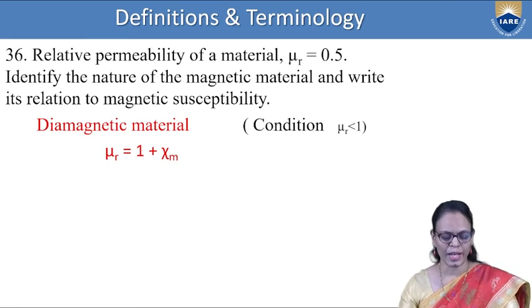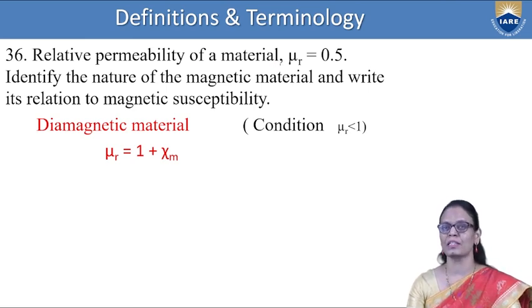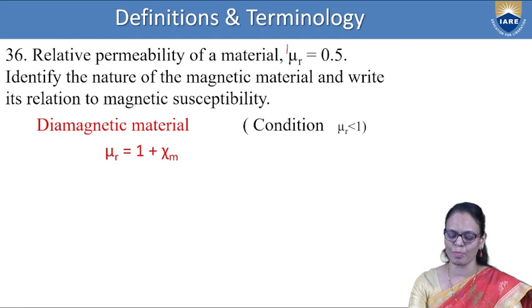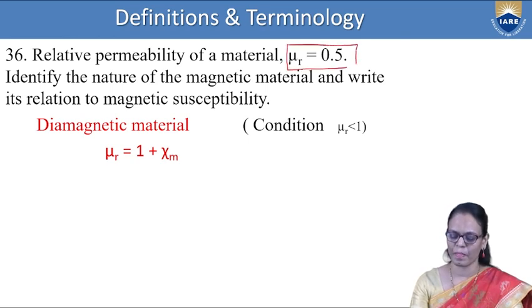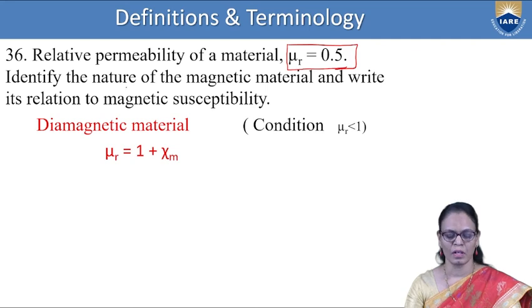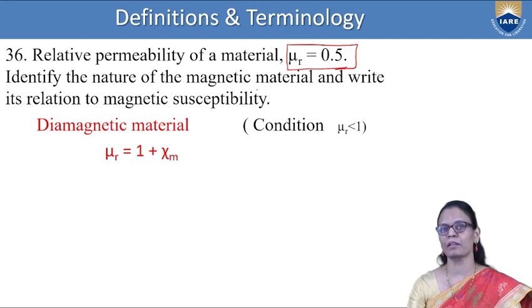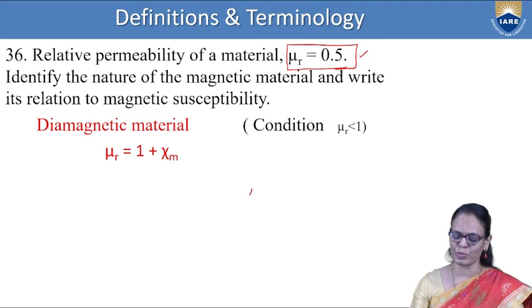Next, the relative permeability of a material, mu r, is equal to 0.5. Identify the nature of the magnetic material and write its relation to the magnetic susceptibility. How do we classify the materials depending upon the relative permeability? If mu r is less than 1, they are diamagnetic materials.